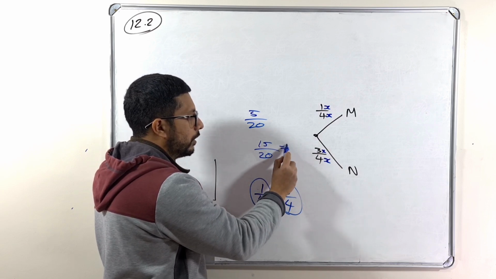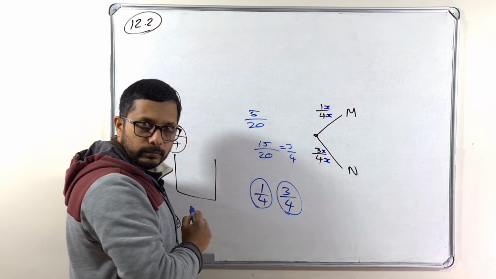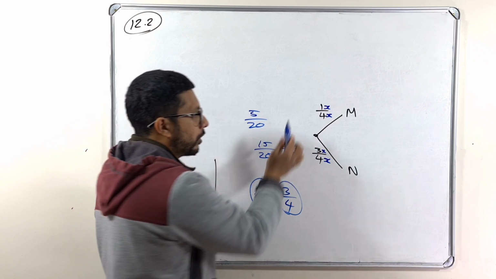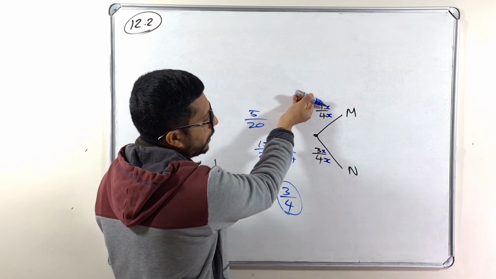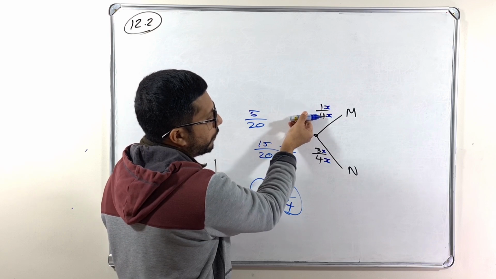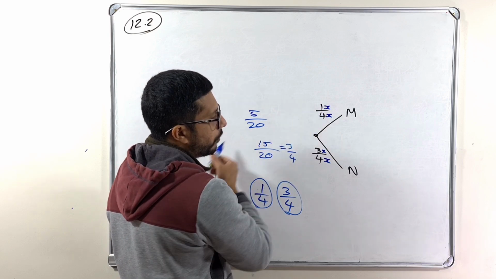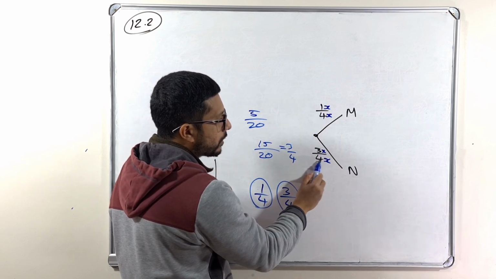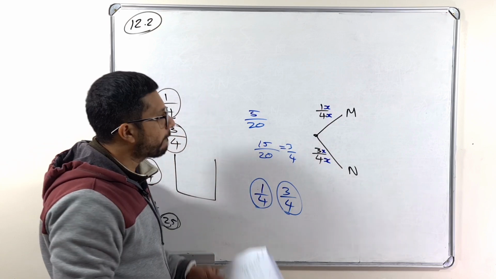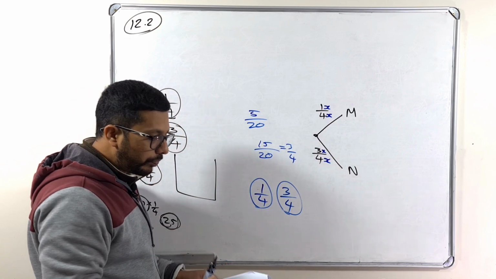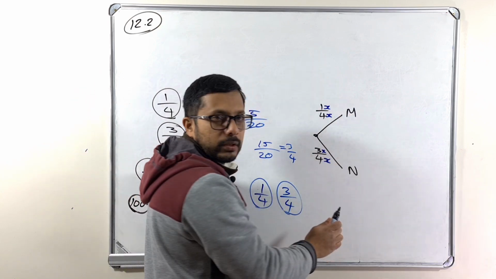That means this is 3 by 4. You understand? So the total number of mystery boxes I took as 1x, total gifts 4x, so here it is 3x, 4x. Now this is the first chance.